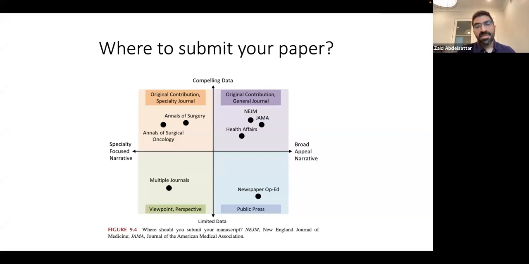And if it has a very high broad appeal, it tells a really nice story, but the data is limited, then these things belong either in the public press or an op-ed in a newspaper, or even some journals that you can publish specifically to that. So it's just a general framework of where you want to put it.